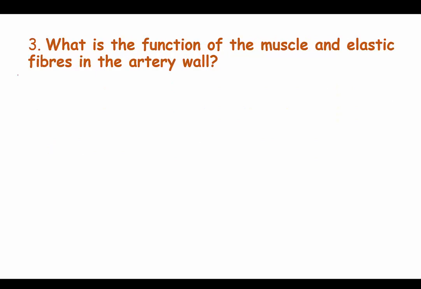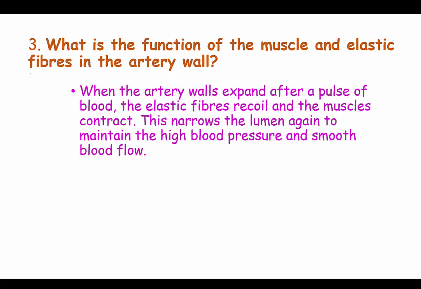Now, what's the function of the muscle and the elastic fibres in the artery wall? When the artery walls expand after a pulse of blood, the elastic fibres recoil and the muscles contract. It narrows the lumen and maintains the high pressure and smooth blood flow.